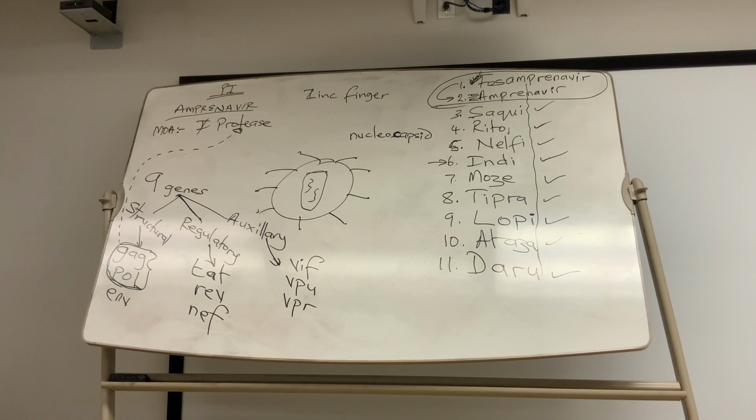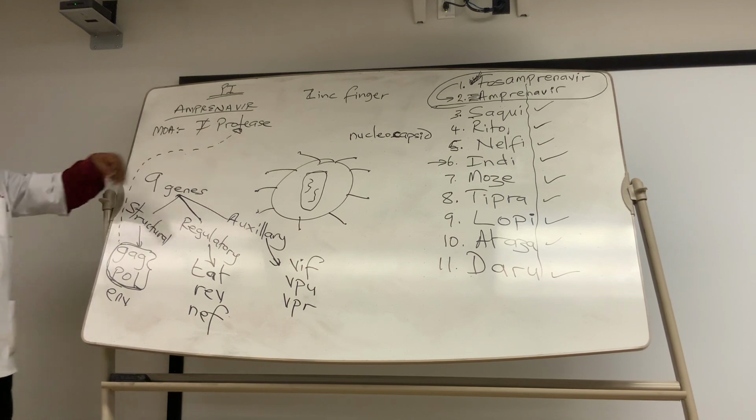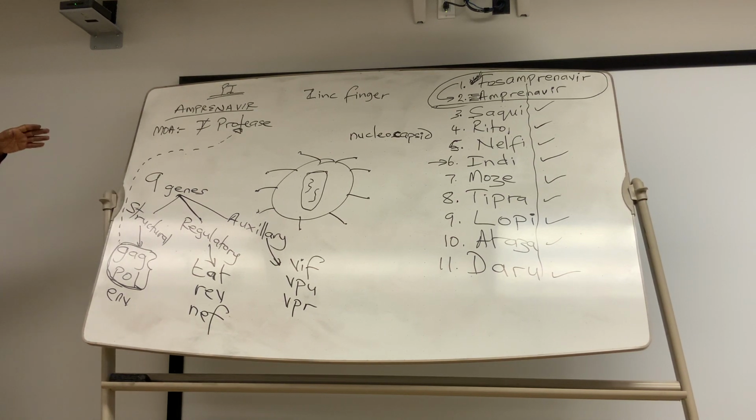I used the pen that day: if you have excess, this thing cannot work, so you have to remove the excess for it to work, for you to be able to write with it. And so it is the function of that protease, because the protease is supposed to remove the excess protein. If you inhibit that protease, the excess protein will not be removed, so the virus will not be viable.